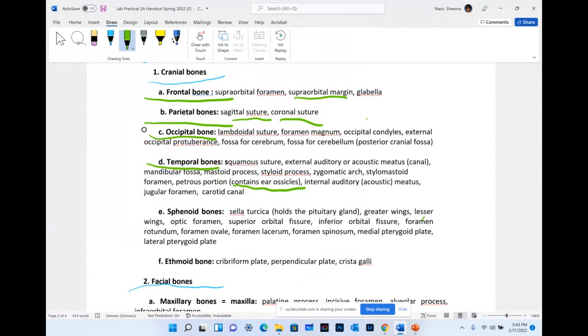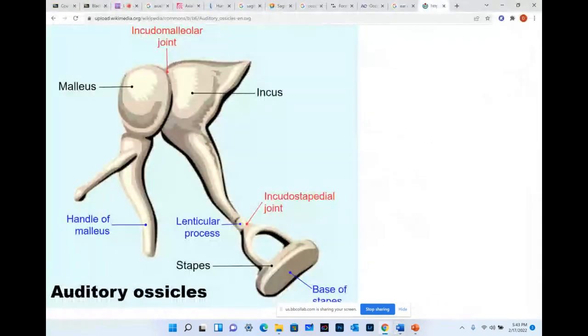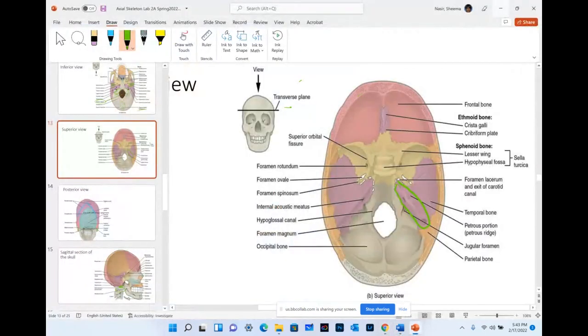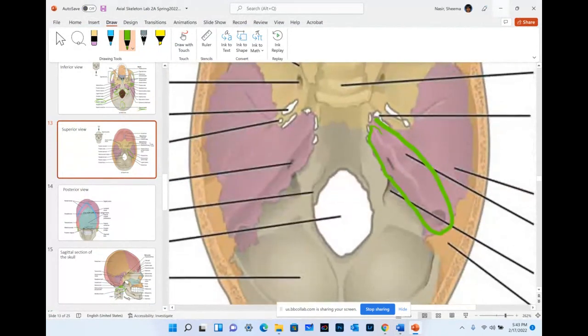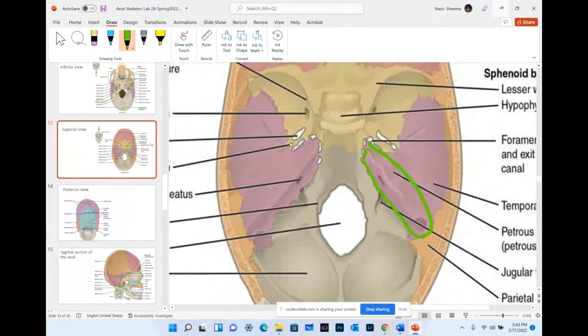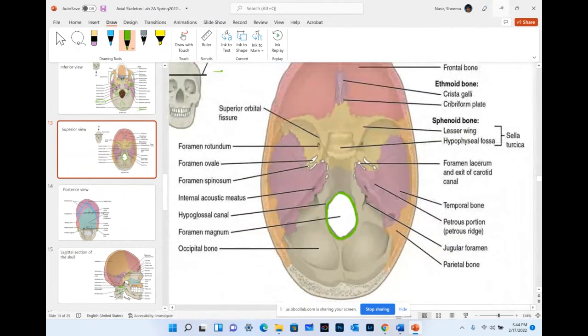Now we are going to look at stylomastoid foramen and the internal auditory meatus. So you see this hole right here on the petrous portion of the temporal bone. You see this hole? This hole is right next to the foramen magnum. So these holes are right next to the foramen magnum, and these are called internal auditory meatus.